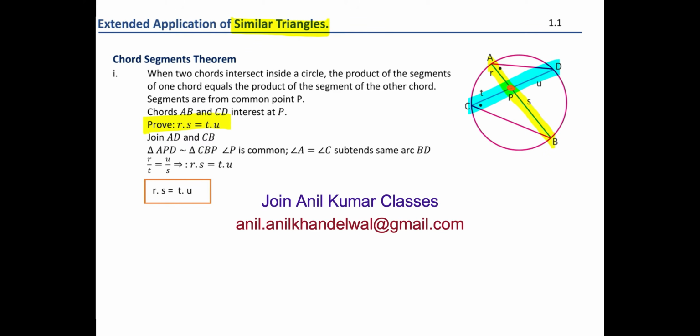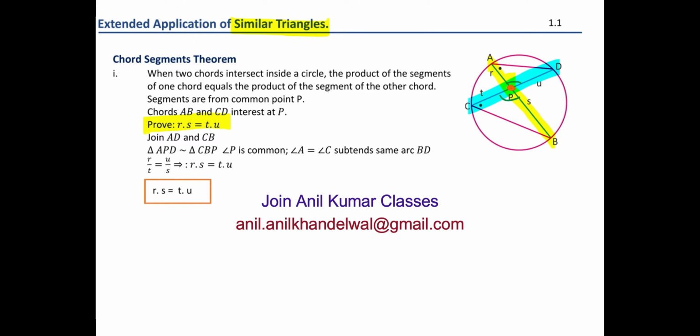What we do here is connect the points A and D, as you can see, and C and B. That forms two similar triangles, right? Why are they similar? Well, we know that this vertically opposite angle is the same.